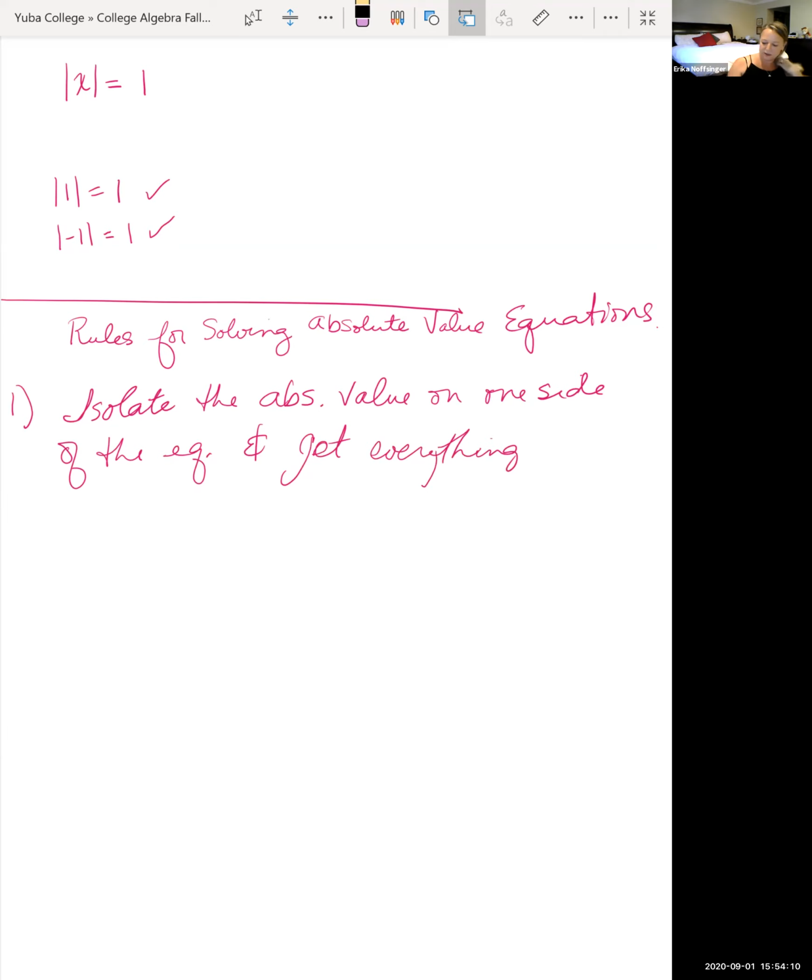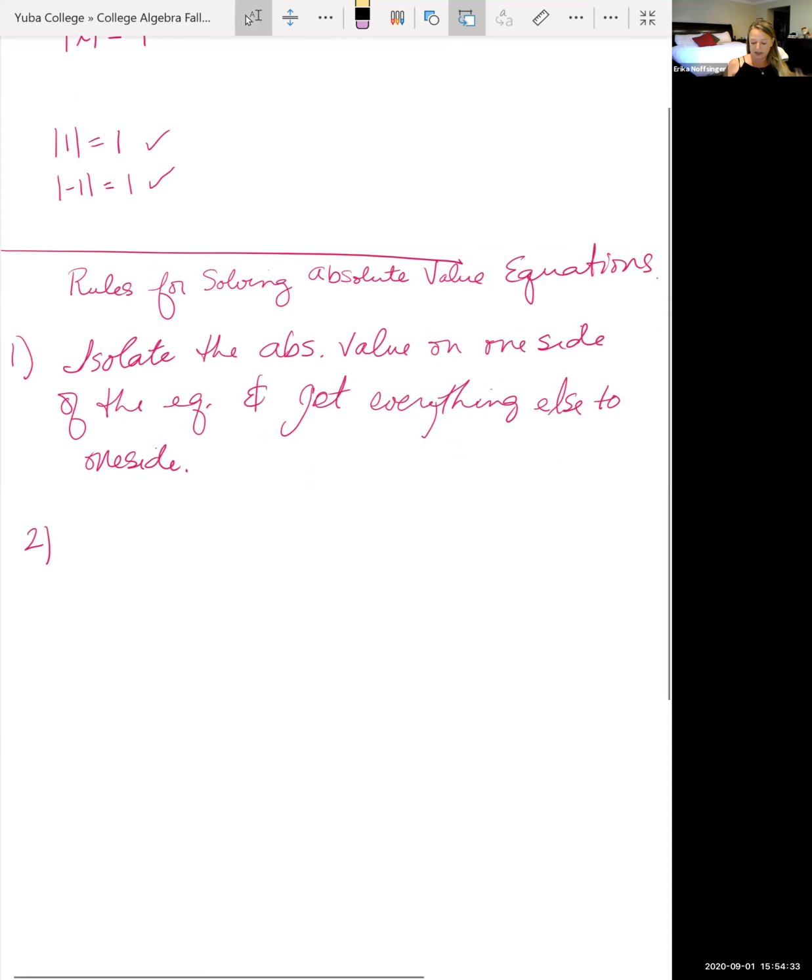Get everything else to one side. Okay, so once the absolute value is isolated, and we got everything else to one side of the equation, to drop the absolute values, we're going to rewrite it as two separate equations.